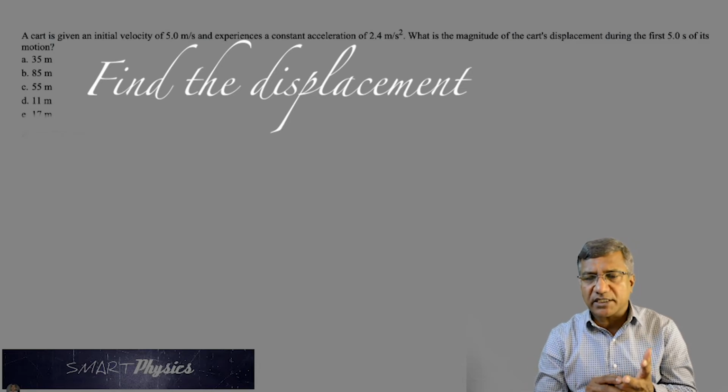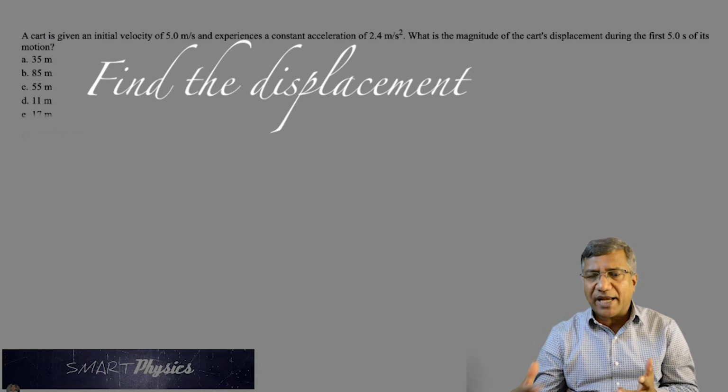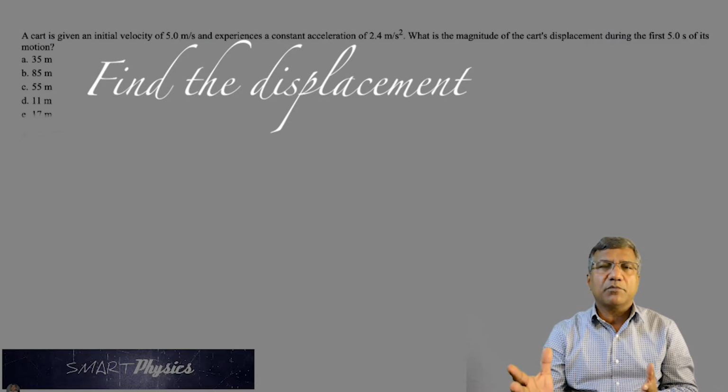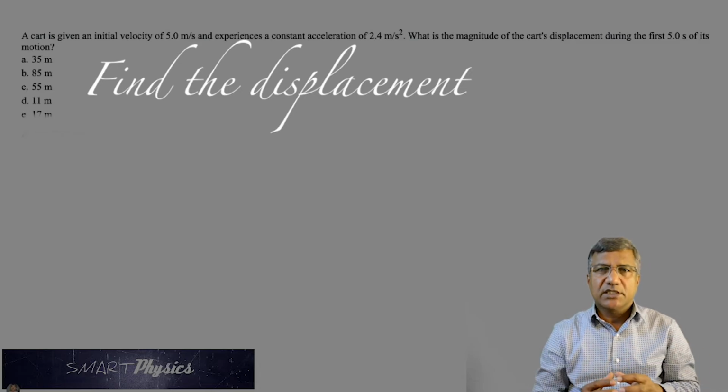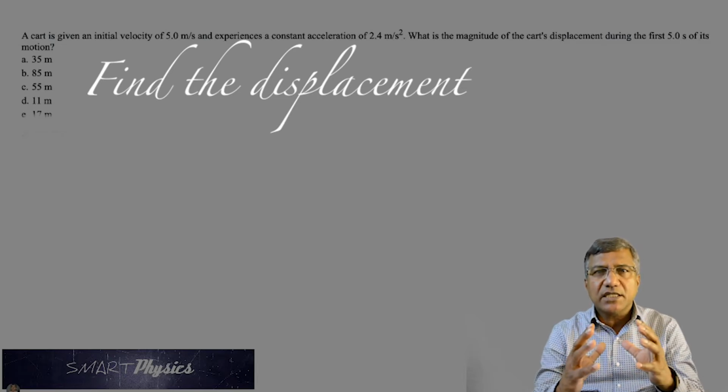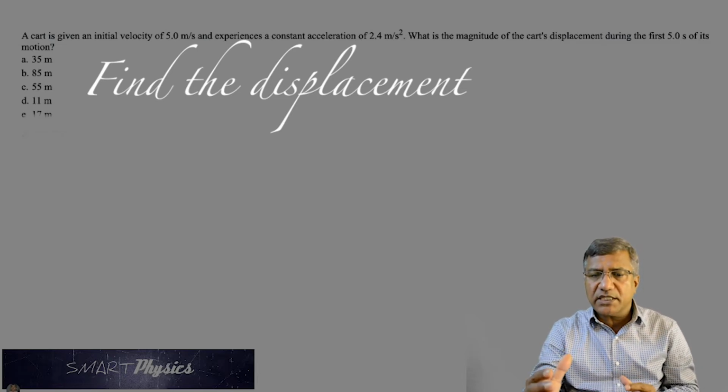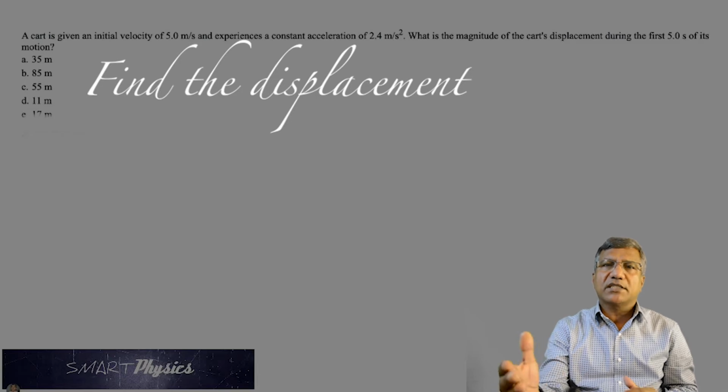What is the magnitude of the cart's displacement? Now, don't be worried about the word magnitude. Magnitude just means how much, the size. That means you do not need to find the direction, just the number. So what is the magnitude of the cart's displacement?